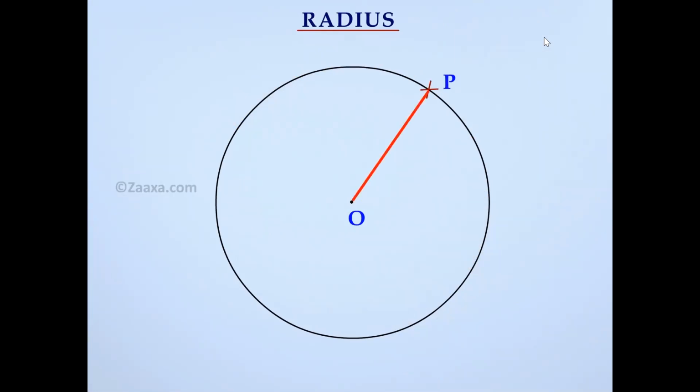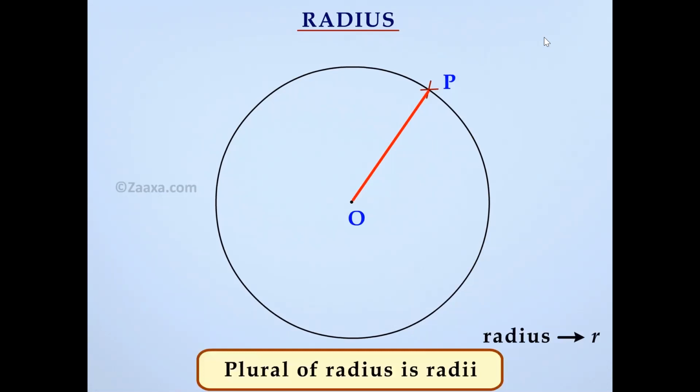We see that OP is equal to 5 centimeters. We say that OP is a radius of the circle. Radius is usually denoted by R. Keep in mind that the plural of radius is radii.